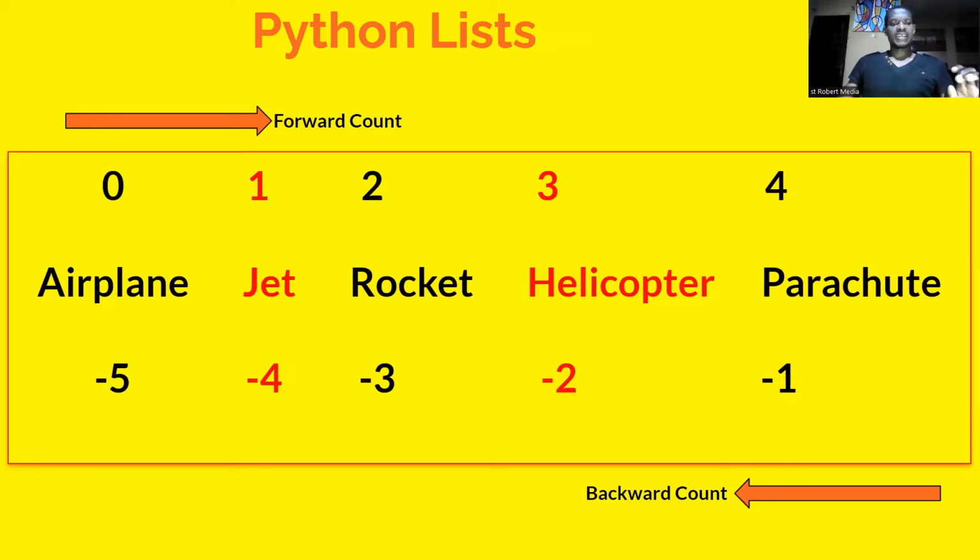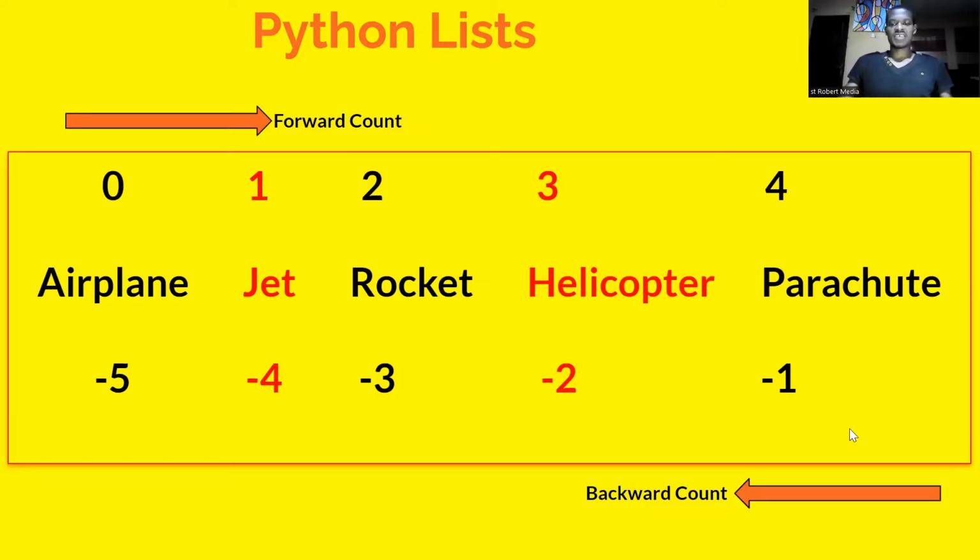So airplane has 0, jet has number 1, rocket is number 2. These are the indexes. Helicopter is 3 and parachute is 4. But if we are counting backwards, we start counting from -1, okay? So counting backwards, parachute will be -1, helicopter will be -2, rocket -3, jet will be -4, and airplane will be -5.